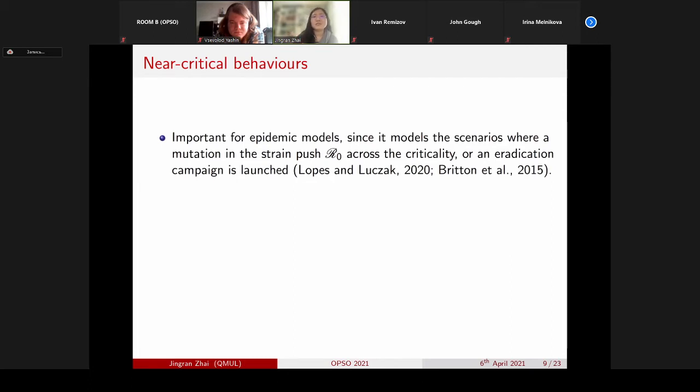And this is important in epidemiology because when a mutation in the pathogen strain happens, or if an eradication campaign is launched in the community, then it may actually push the basic reproduction number R0 across the criticality.